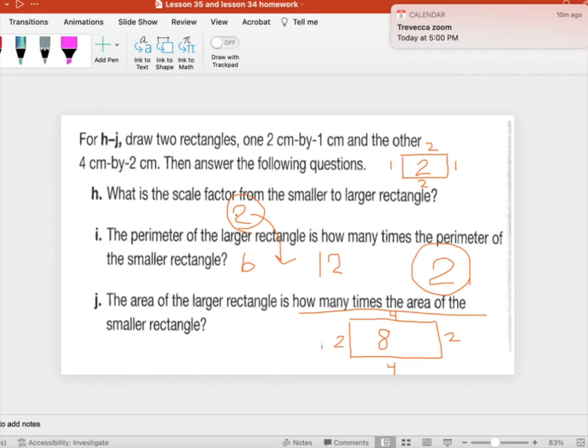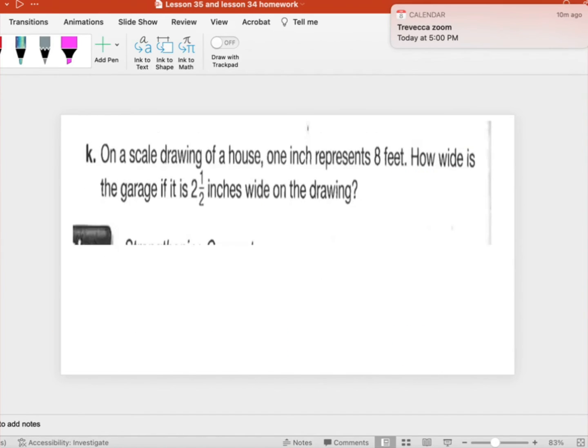So we have 2 squared is 4. So we're going to say 4 times larger. We take the scale factor and we square it. So 2 times 4 is 8. So this is how many times you have to multiply the smaller area to get the larger area.